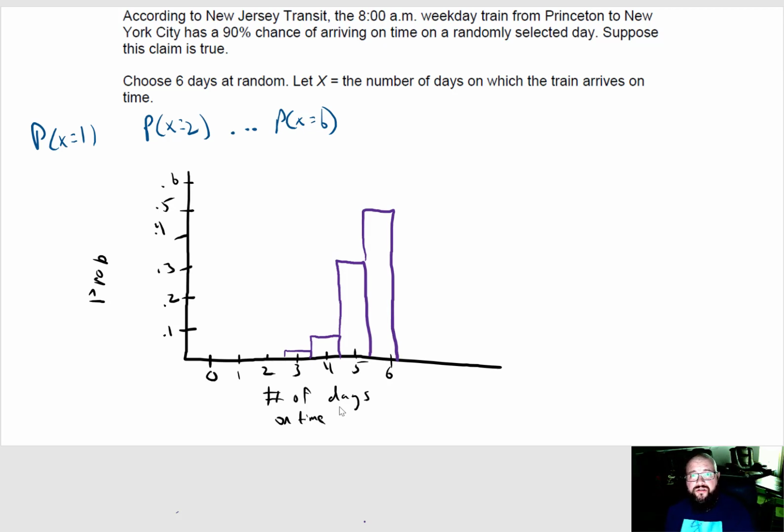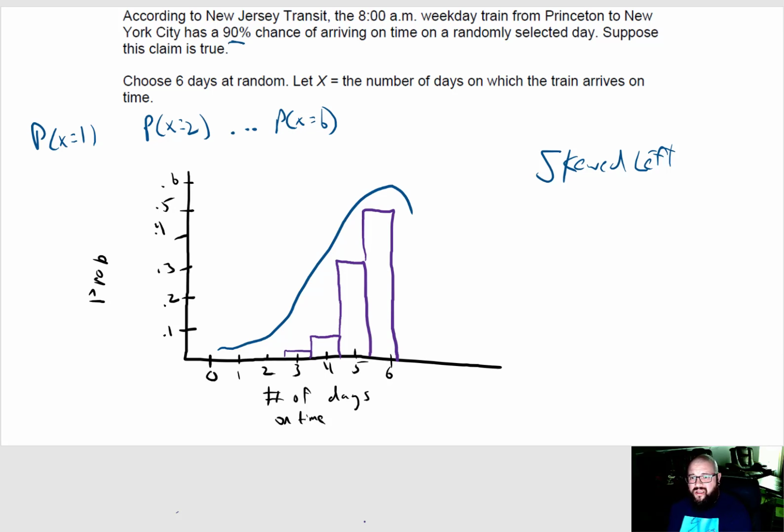Now again, we draw a histogram, we want to talk about the shape. With this, hopefully you guys can see this is definitely looking like your left foot. You got your big toe over here and a little pinky toe over here at 0. So this is definitely skewed left. And it should be, right? Because it says we've got a 90% chance of arriving on time.